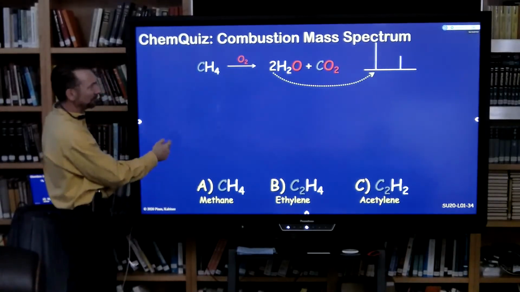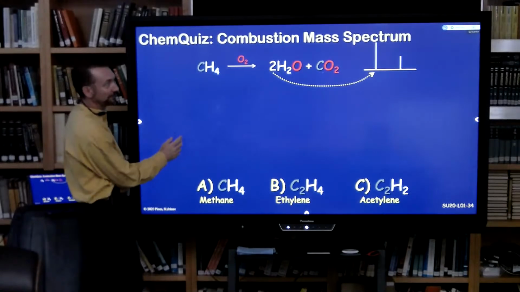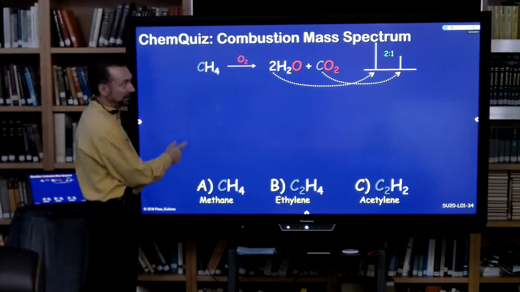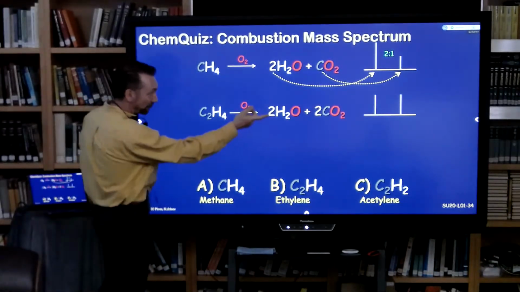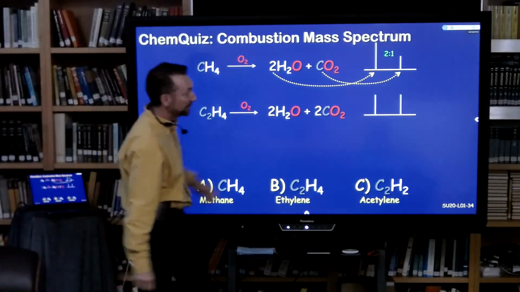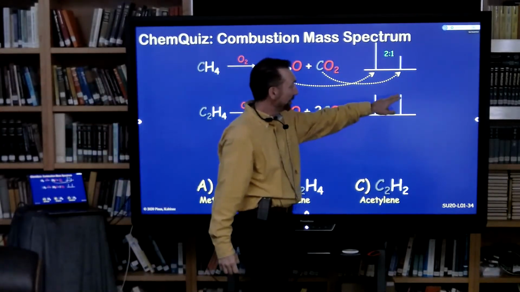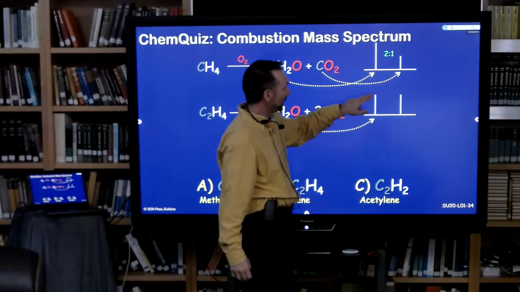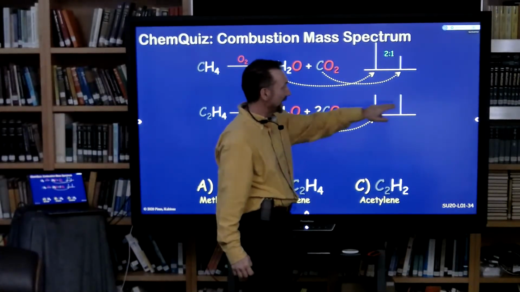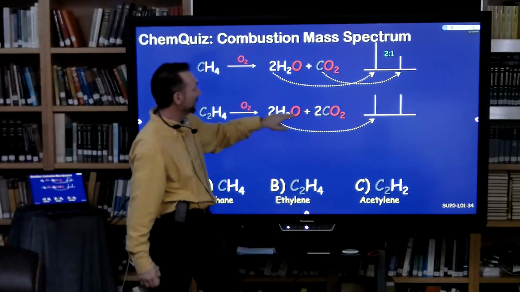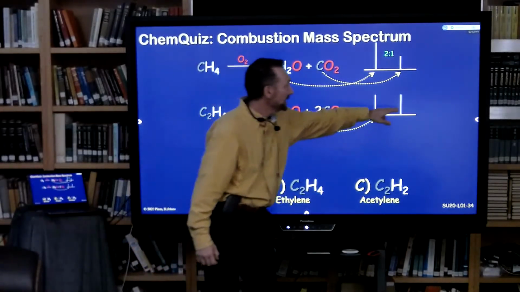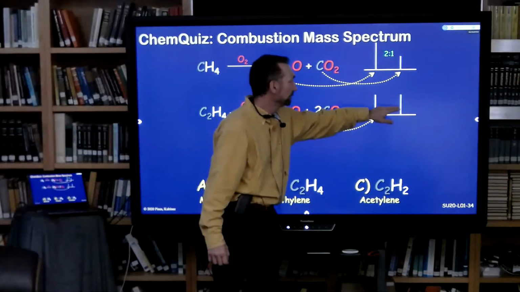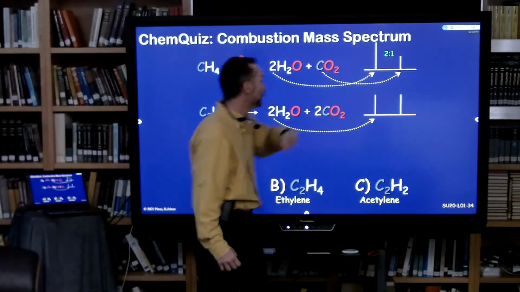So you can just do that with all the various combinations here. You could just work backwards from the spectrum. You could say here the masses are equal, so there's a carbon atom for every 2 hydrogen atoms, because there's a water and a carbon dioxide. So equal masses means 1 carbon to 2 hydrogens.